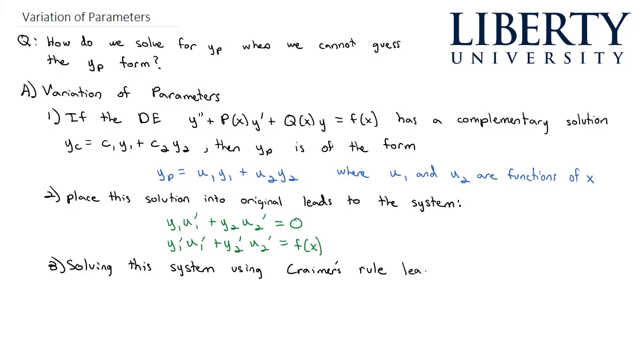It leads to u1 prime is equal to the opposite of y2 times the function divided by the Wronskian, and u2 prime is equal to y1 times the function, positive this time, divided by the Wronskian.